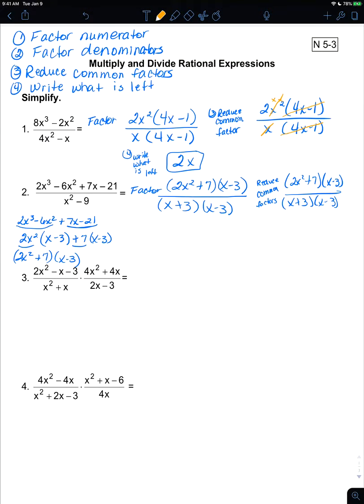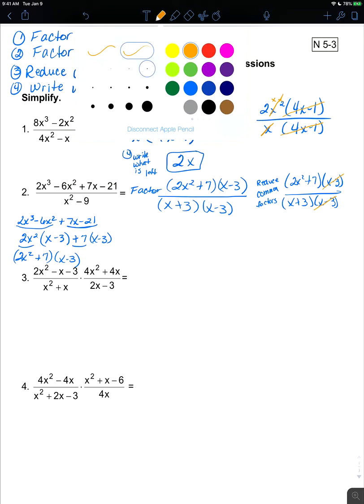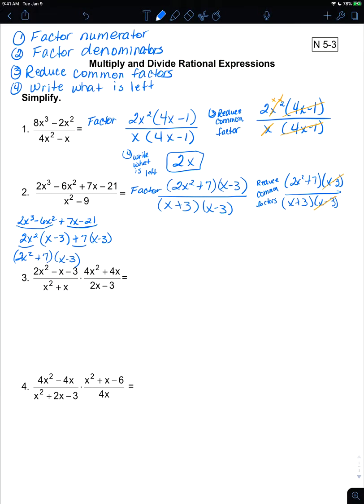Reduce what we have in common, which is the x minus 3's. And last step, write what's left. So see, there's really not division going on here like it looks like. So we're just going to write 2x squared plus 7 over x plus 3 as our final answer, because that's what's left.